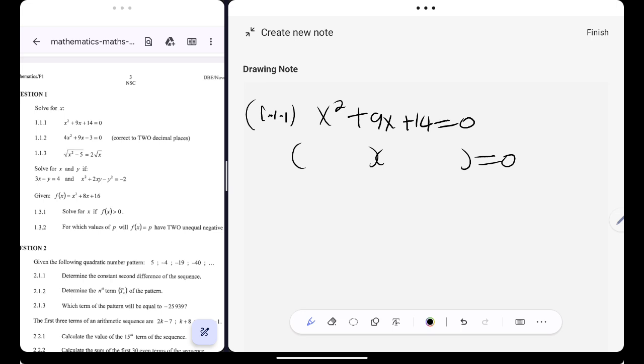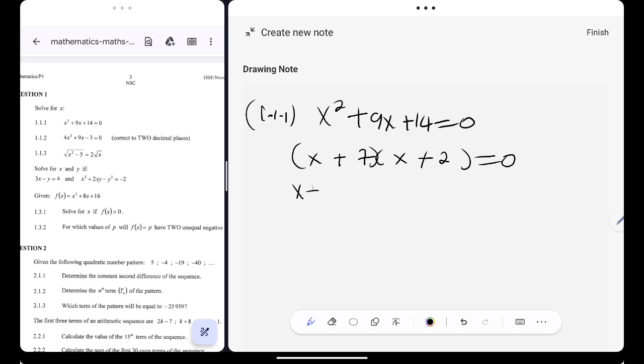Okay, I want the factors of 14 that when I add will give me 9, and those factors are what? 7 and 2. The sign is plus here, that means my brackets will have the same sign, but not just any sign, the sign of the middle term. So I'll have a plus here and a plus here. Now I have two things multiplied and the answer is 0.